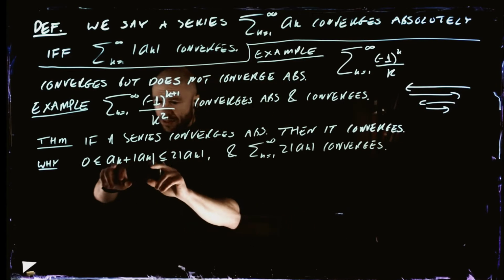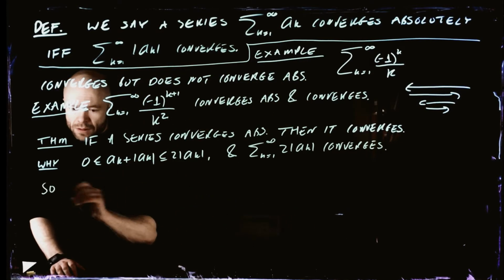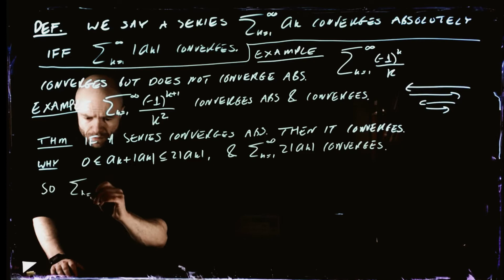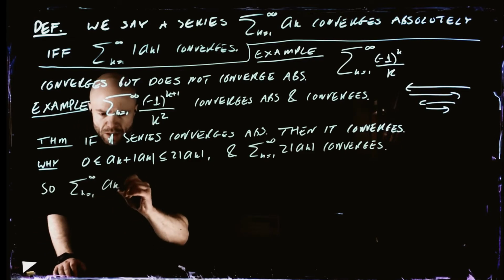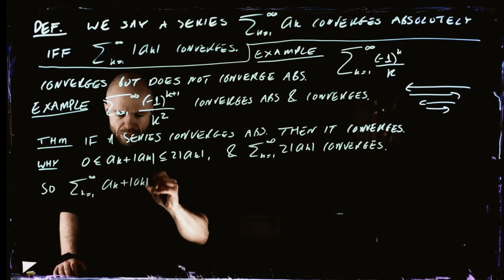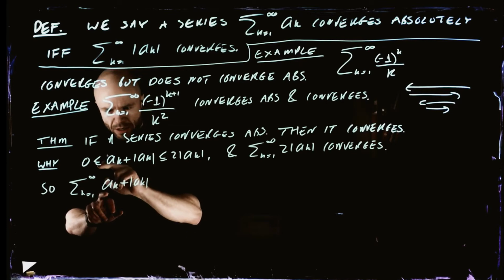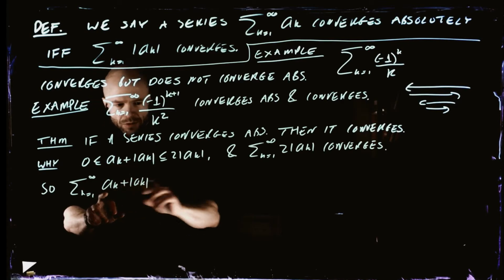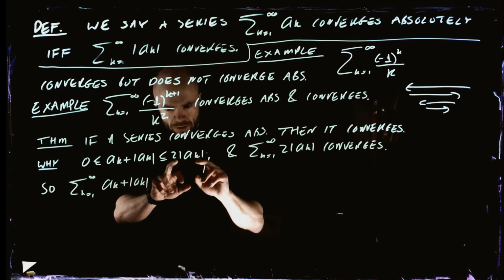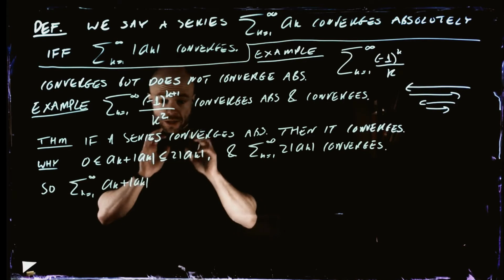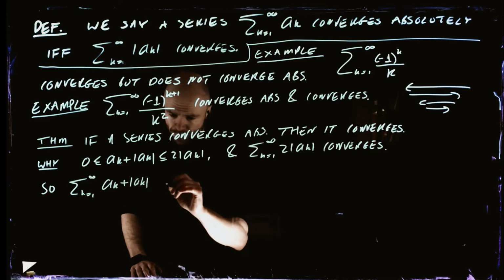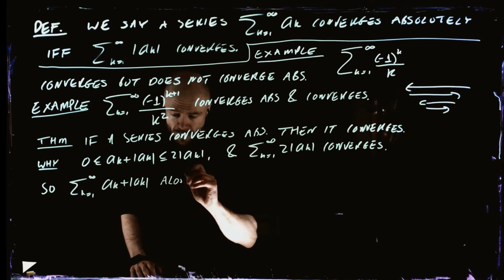Which means that this series from 1 to infinity, a_k plus absolute value of a_k, is a series of positive terms by this inequality, which is bounded above by a series that converges. So by the comparison test, this thing also converges.